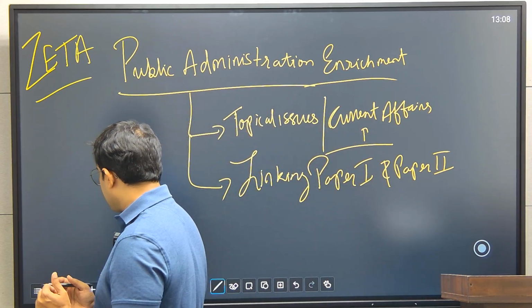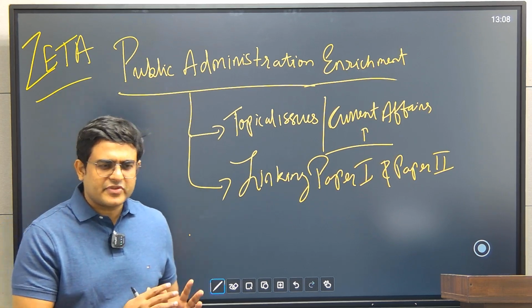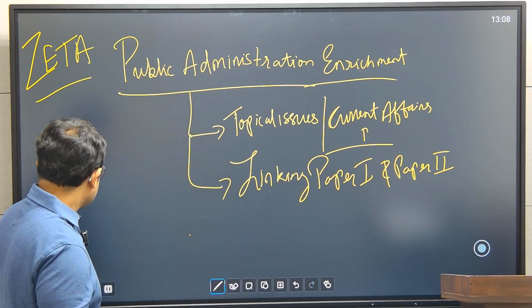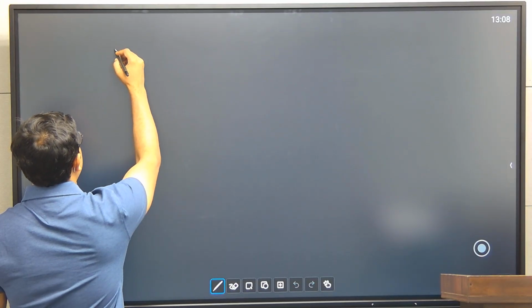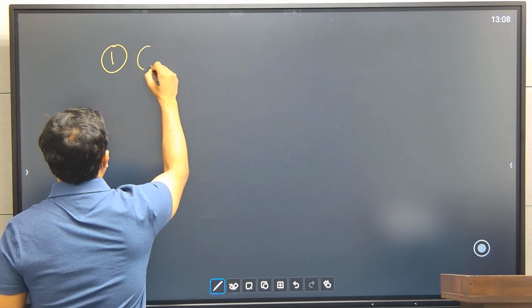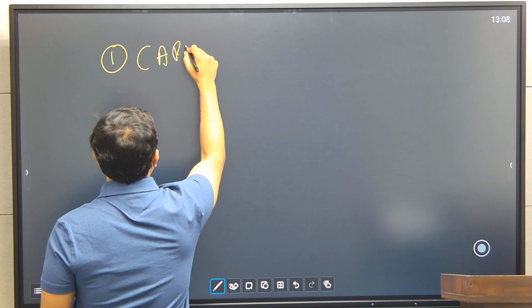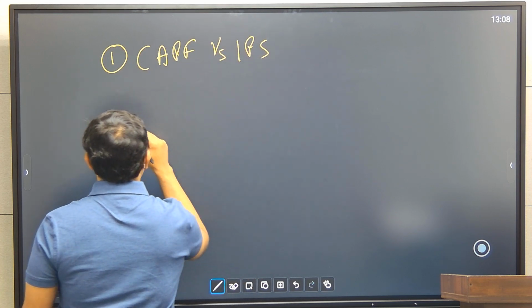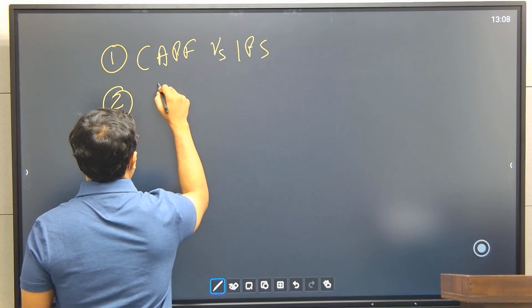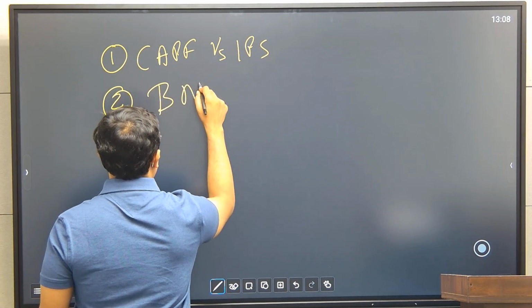So we have identified 7 topics for this week, which were in the news, of course. First is the CAPF versus IPS. Second, 1 year of BNS, Bharatiya Nyaya Sanhita.